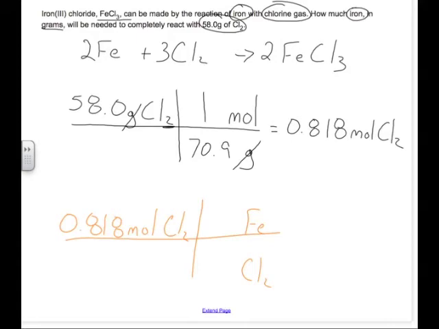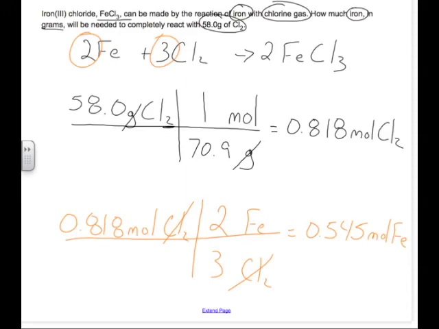And the mole ratio is the same as the coefficients. So this is my moles of iron. This is my moles of chlorine. So now I have to take 0.818 and multiply it by 2/3. And that comes out to be 0.545, still in moles, but instead of chlorine, we're now in moles of iron.